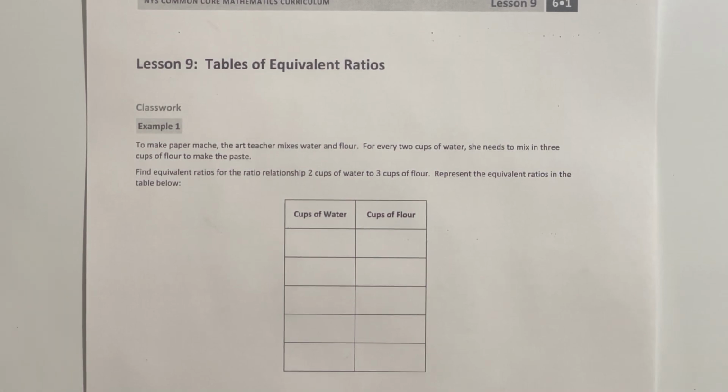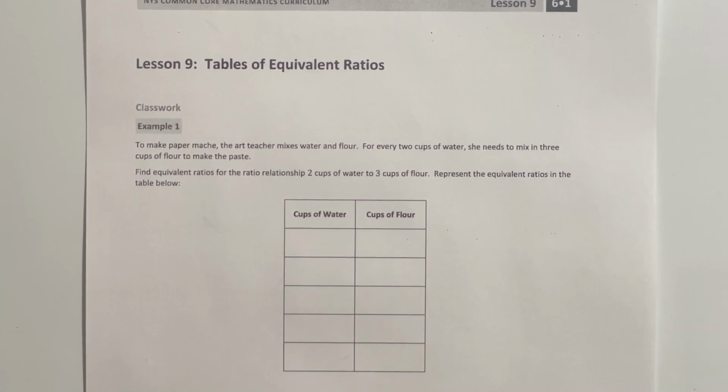All right, so for the first problem, it says here, to make paper mache, the art teacher mixes water and flour. For every 2 cups of water, she needs to mix 3 cups of flour to make the paste.